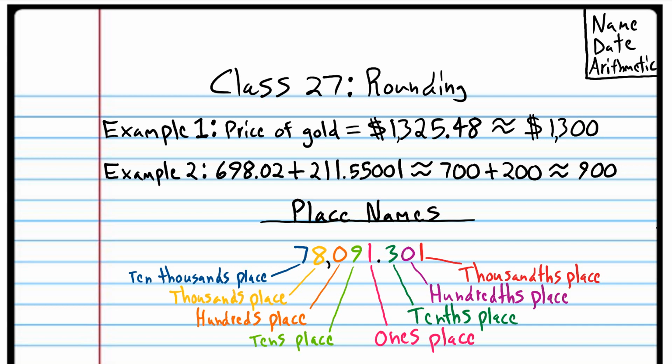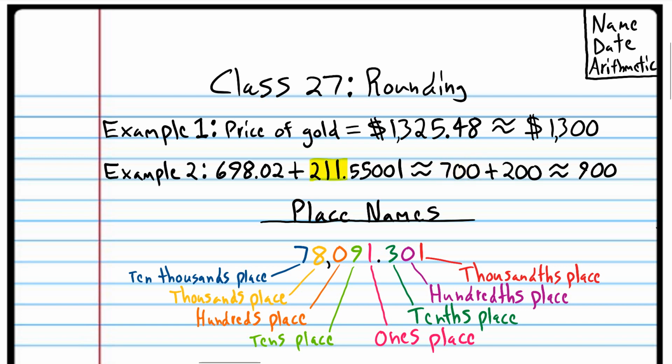Another example of rounding is when you have two numbers that you're going to perform an operation on, and this operation is addition, but you don't want to do the full calculation because it might take a while to add those numbers. So what you do is you round this number up to 700 because 698.02 is really close to 700, so you just make it 700.